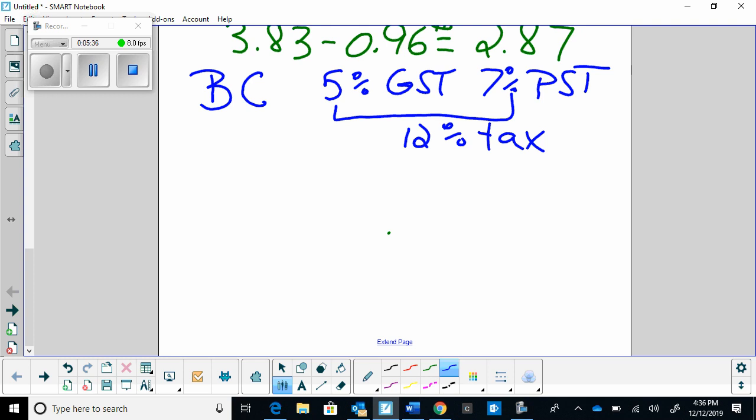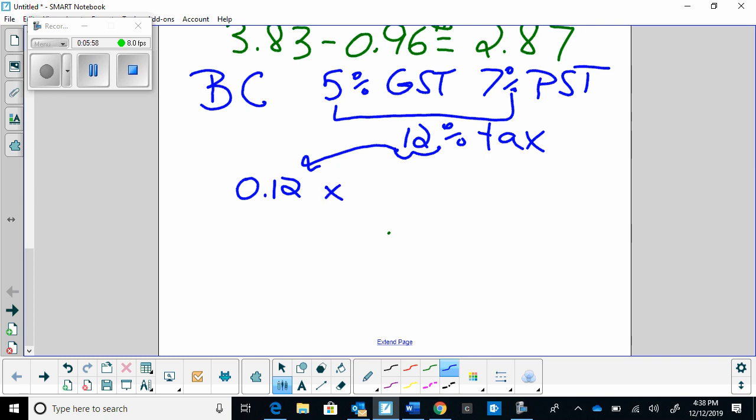But remember, tax we need to add onto our total. So first I have to find 12%. Now what I have to do is convert 12% into a decimal. So again, I move that decimal point 2 times, so I get 0.12 of my total.